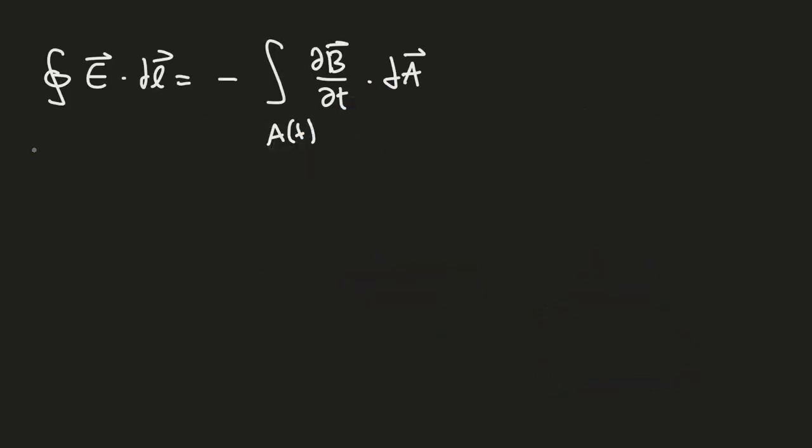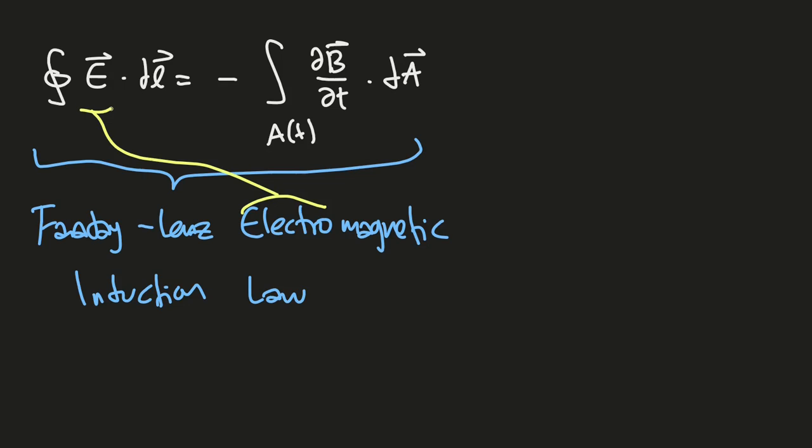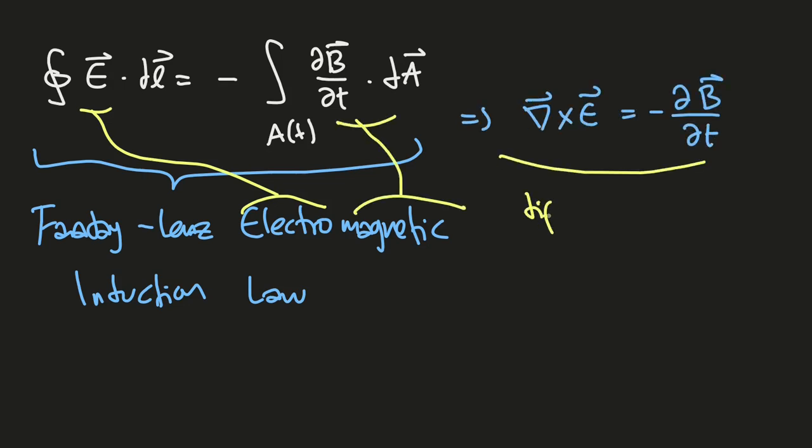And finally, we get this integral equation as the Faraday-Lenz electromagnetic induction law, where the electric belongs to this side and the magnetic belongs to this side, and it has another form as this, which is the differential form of the Faraday-Lenz electromagnetic induction law.